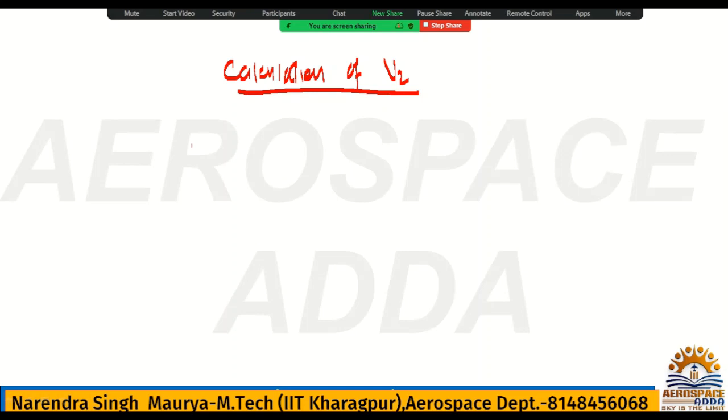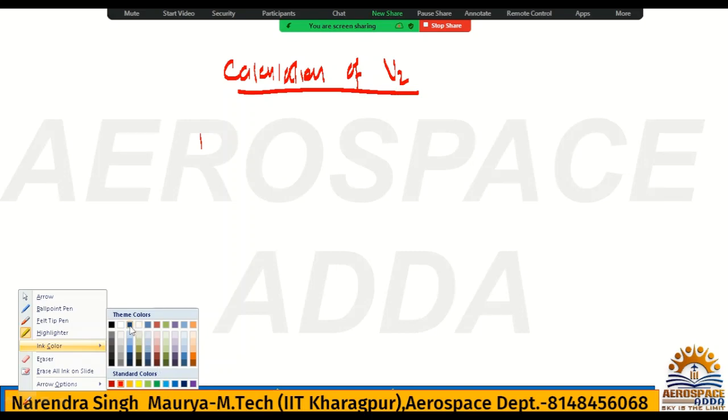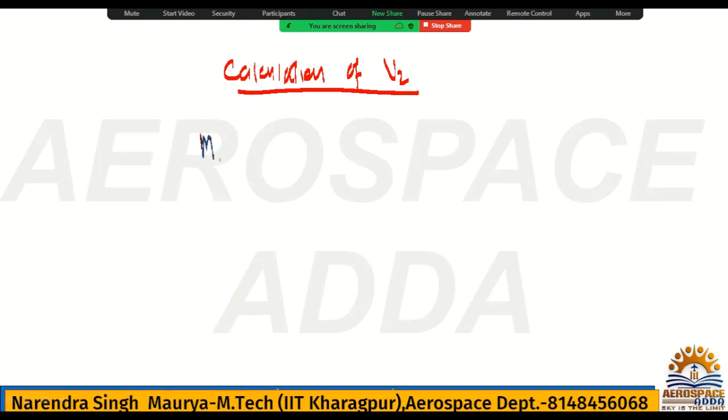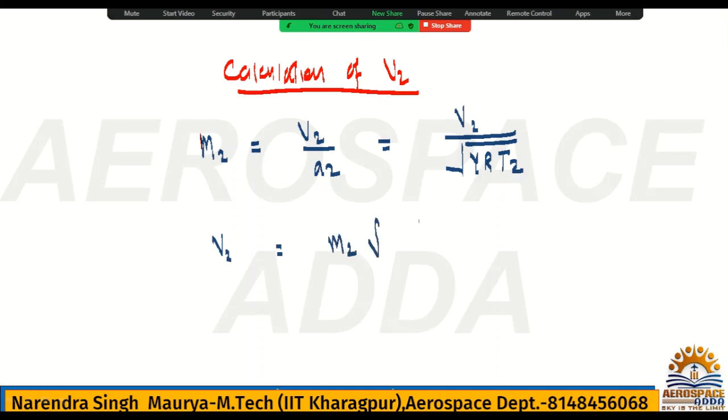We know what is the Mach number. m2 is equal to v2 divided by a2. What is the v2? You need to calculate what is the a2, which is the speed of sound, root of gamma R t2. Yes or no? Now if you want to calculate v2, then it will be m2 root of gamma R t2.